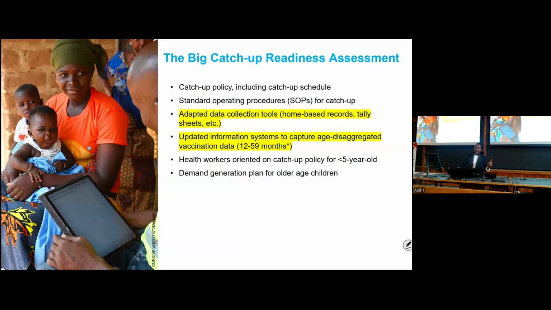There's also adapting the data collection tools to include children between 12 to 23 months and children 24 to 59 months. That is the tally sheets, the home-based records and things like that. Then, of course, that has to correspond with updating the information system to capture this disaggregated vaccination data.